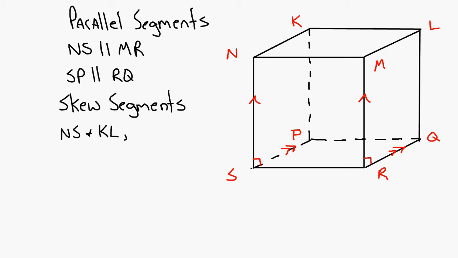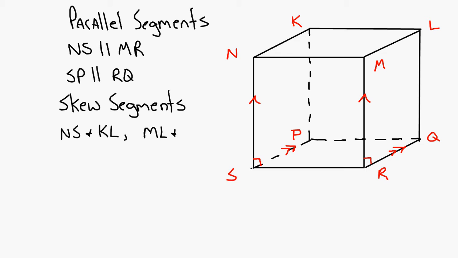What would another example of skew segments be? Go ahead. ML and M to L. So top right corner. Actually, there is a plane that cuts this box diagonally.